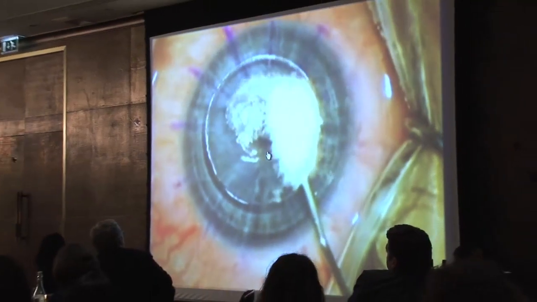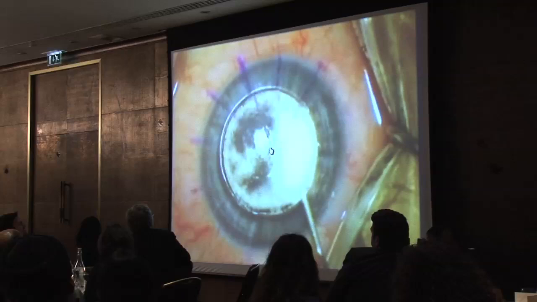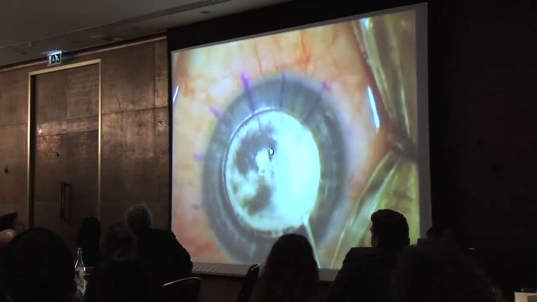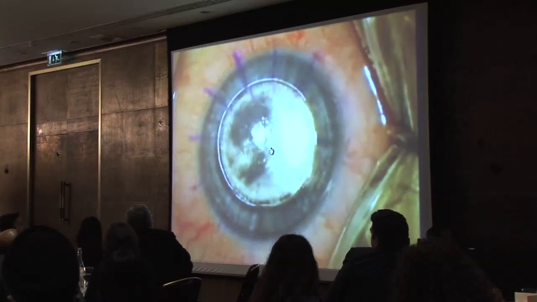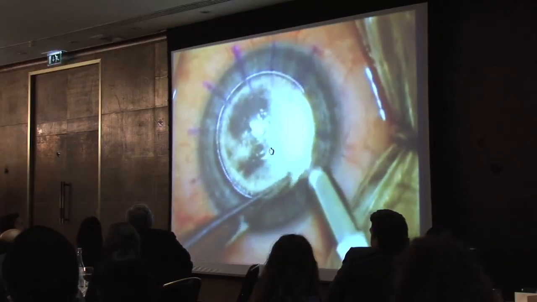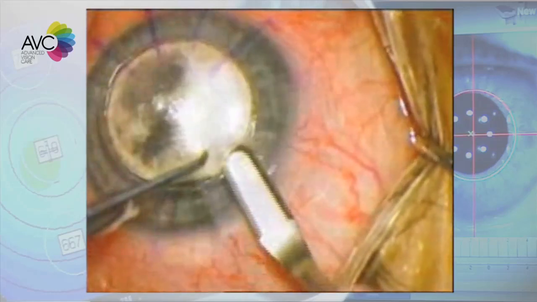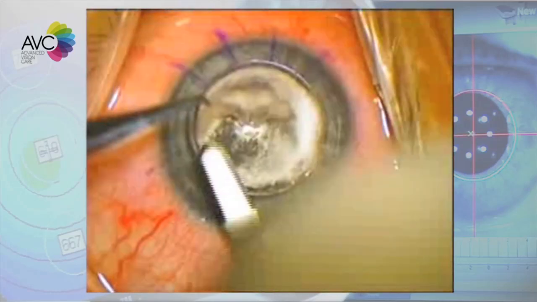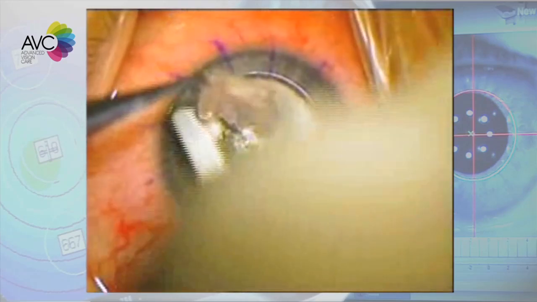So you see the big bubble technique, so we are putting air in the stroma. We are actually detaching the Descemet membrane from the stroma by the air. Sometimes it doesn't work, so once we penetrate, we can convert easily to penetrating keratoplasty.